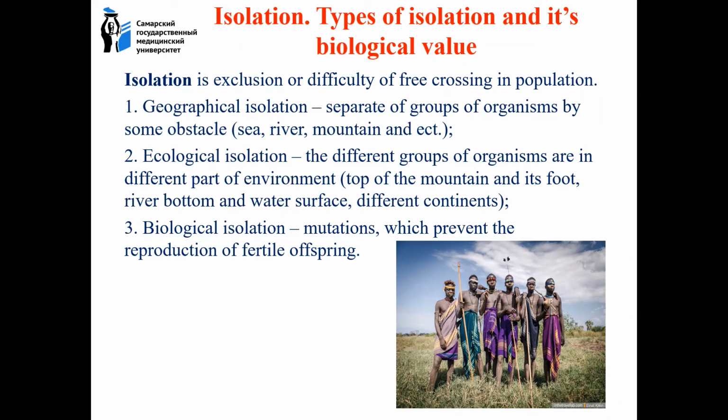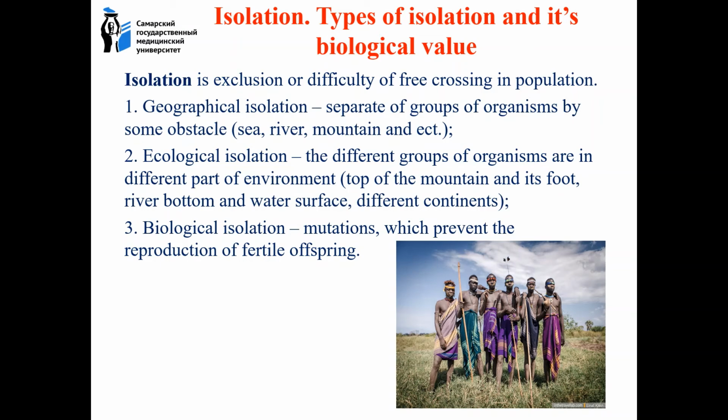Types of isolation are: geographical isolation, the separation of groups of organisms by some obstacle: sea, river, mountain, etc. As for humans, there are African tribes living in isolated territories. The next one, ecological isolation.